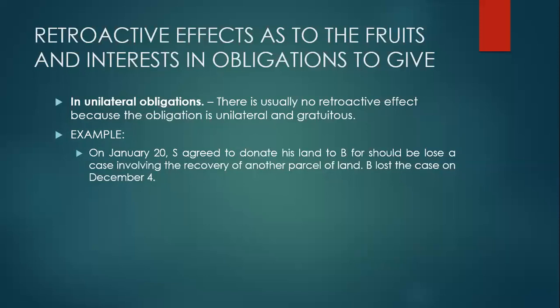Upon the fulfillment of the condition, since this is a donation and not a sale, S has to deliver the land, but he has the right to keep to himself all the fruits and interests he may have received during the pendency of the condition, that is, from January 20 to December 4, unless a contrary intention by S may be inferred, as when it is stipulated that once the condition is fulfilled, S shall render an accounting of fruits received during its pendency.